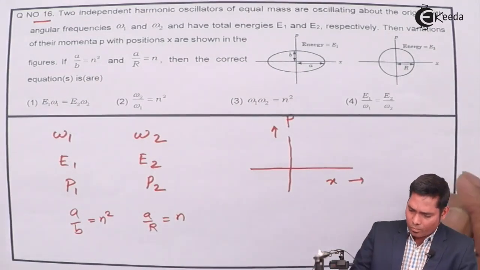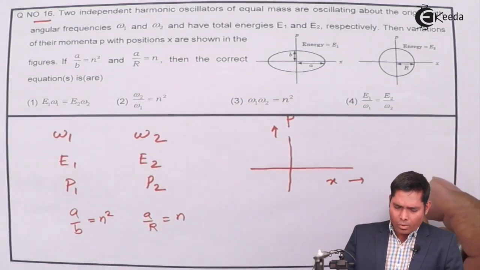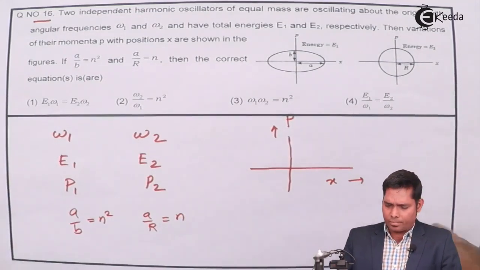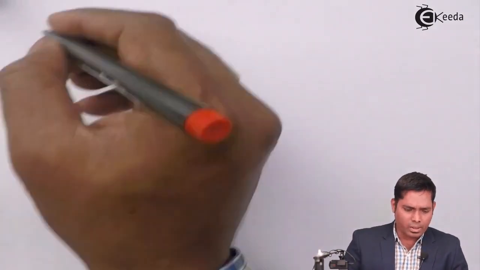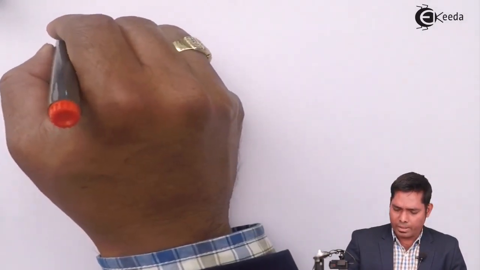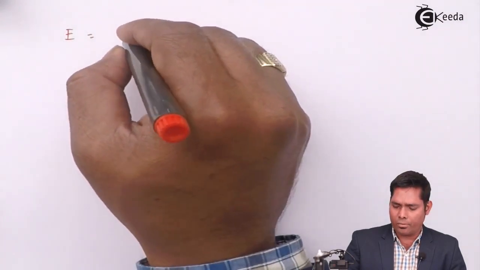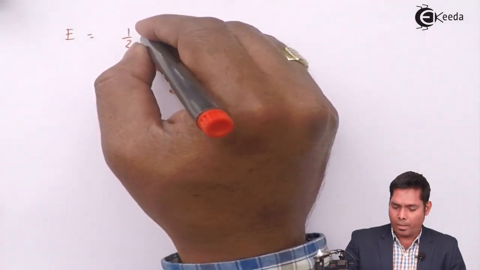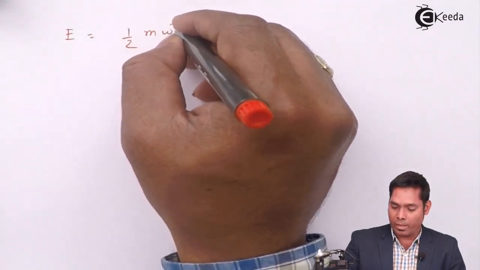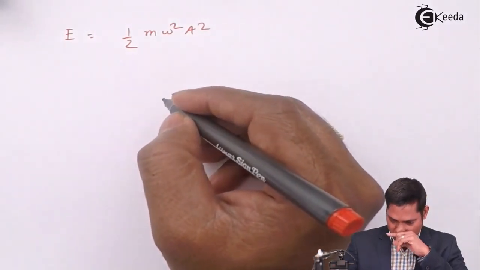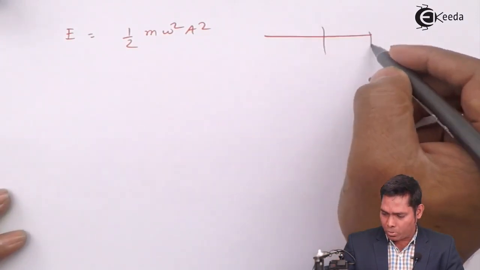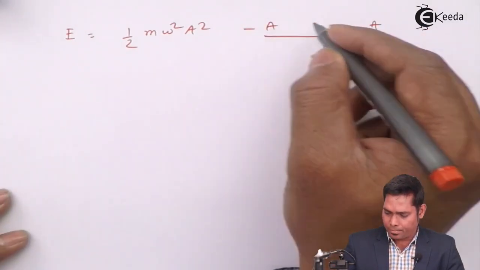So we must know that the total energy expression is half m omega square a square in general, where m is the mass of the oscillator, a is the amplitude, plus a, minus a.